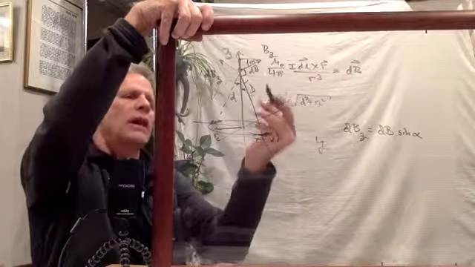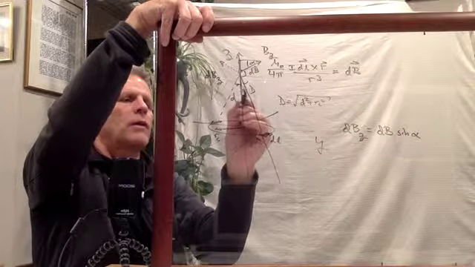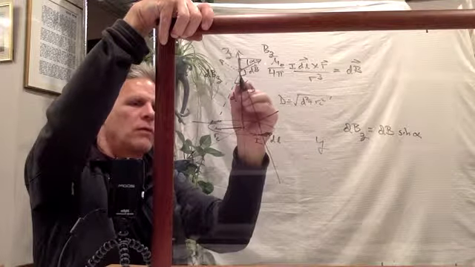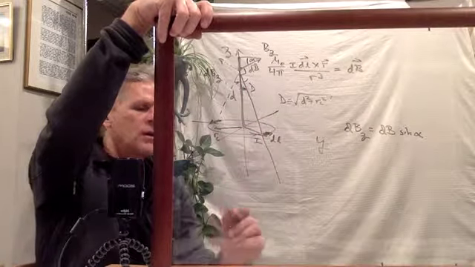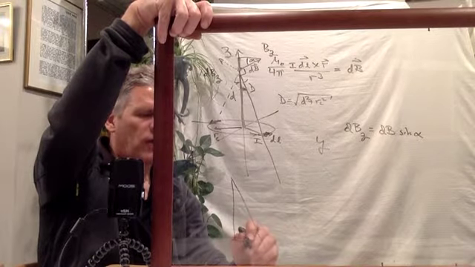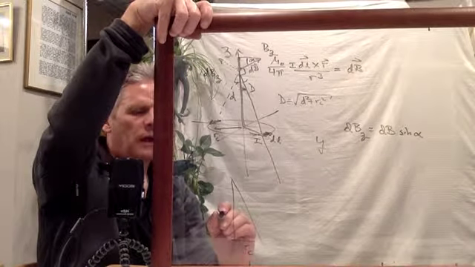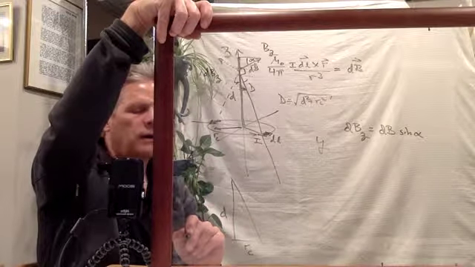Now what is alpha? What's this angle alpha when we look at this triangle here? I'm going to pull that triangle out this way. It's r sub c here, and little d there.